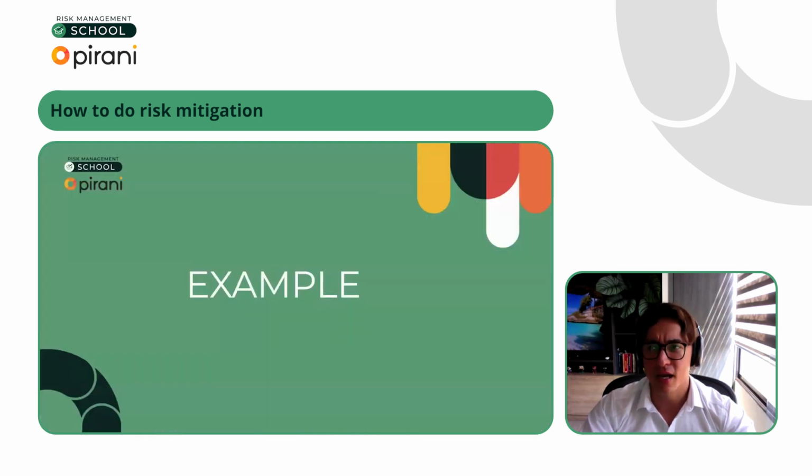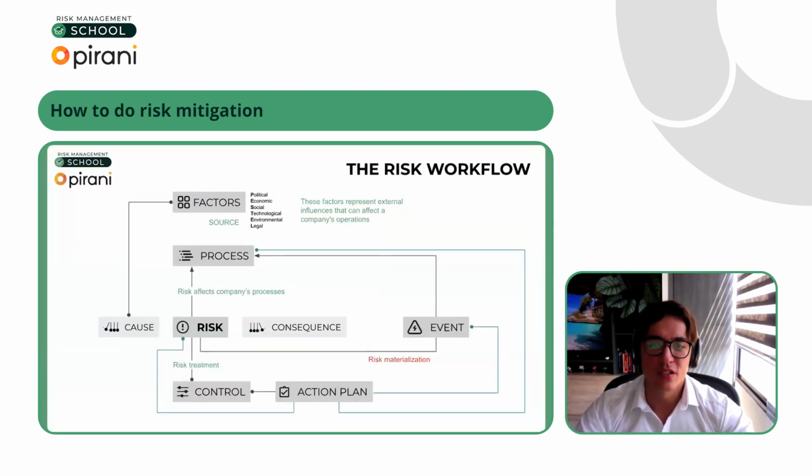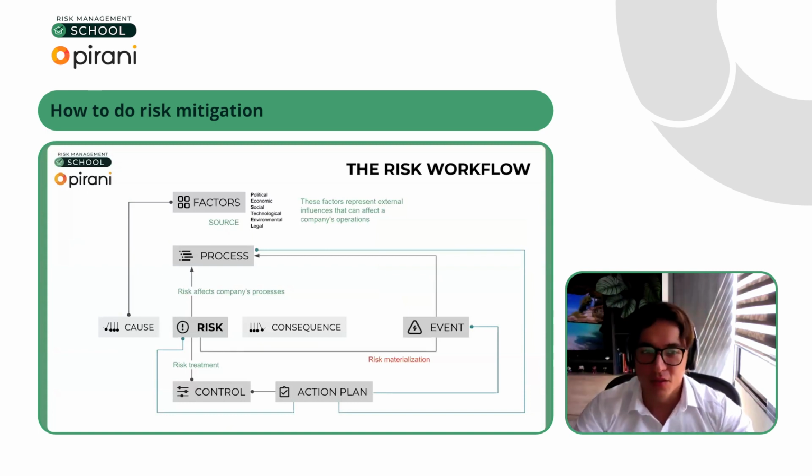So I want to give you an example before going directly to the software. Remember that in the last class, we talked about a risk workflow that you can follow to give you an idea. So maybe remember that we're talking about emerging risks, that we have the PESTLE sources of factors like political, economical, social, technological, environmental, legal, which will be the cause of a risk.